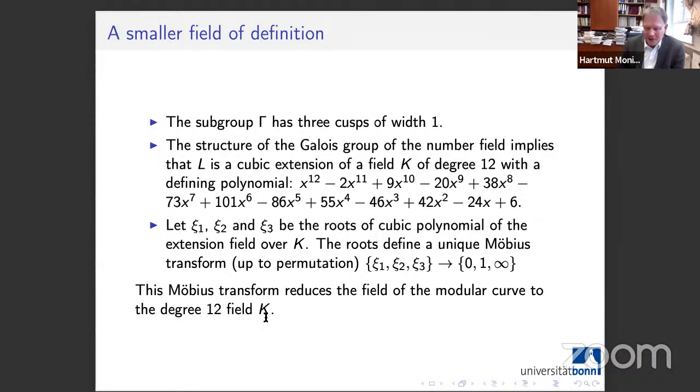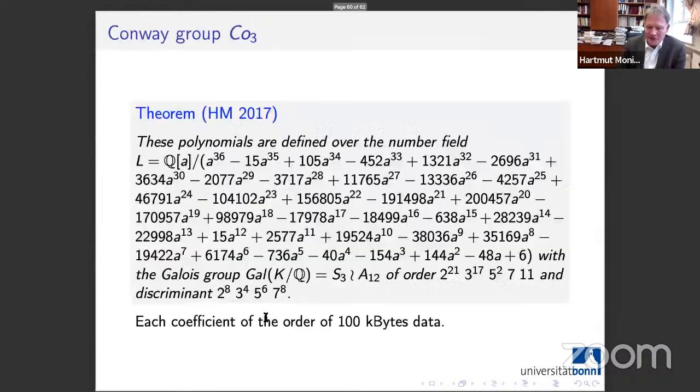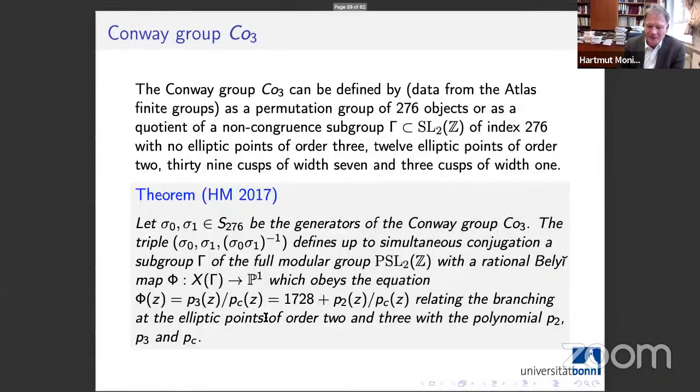Let me emphasize what I've done here. I have solved explicitly 276 algebraic equations of degree 276 in 276 variables exactly. And if you have any other method which does that faster than what I did, let me know.